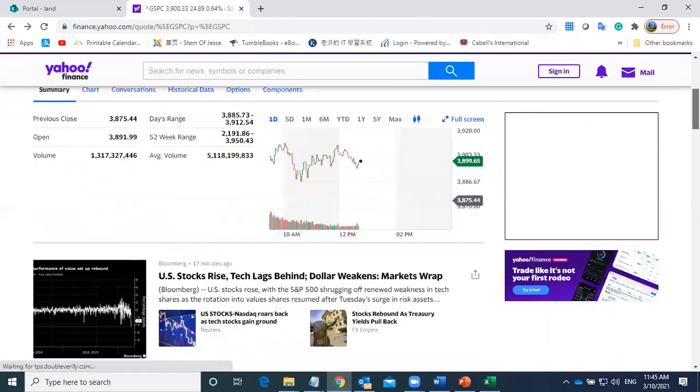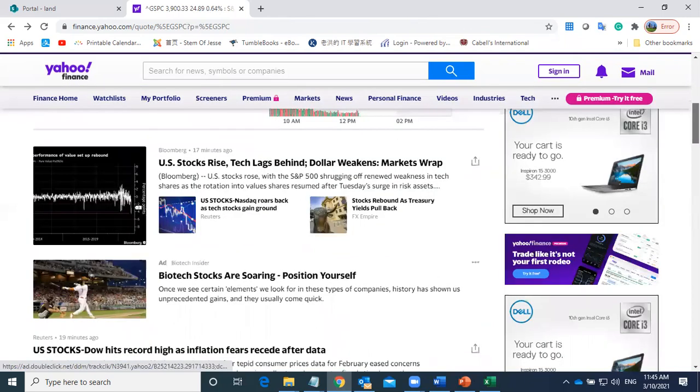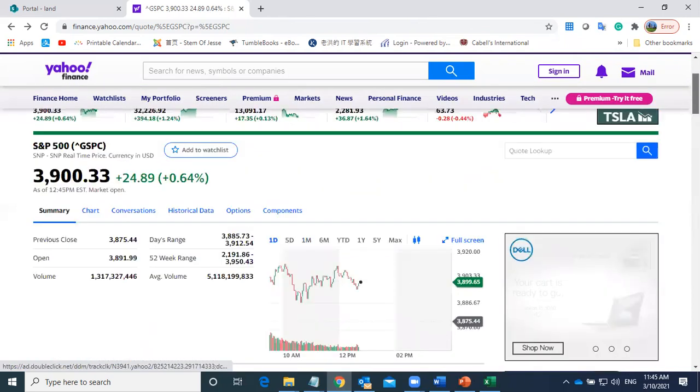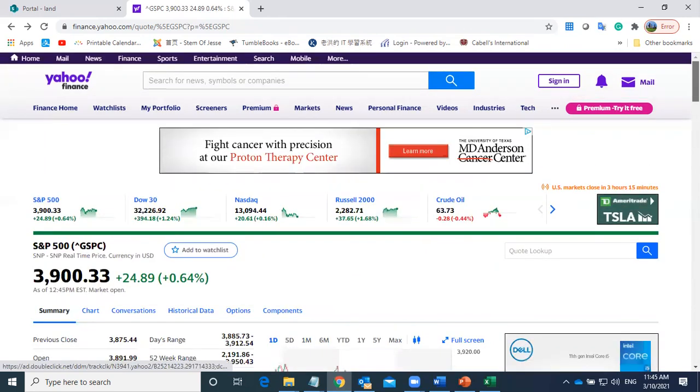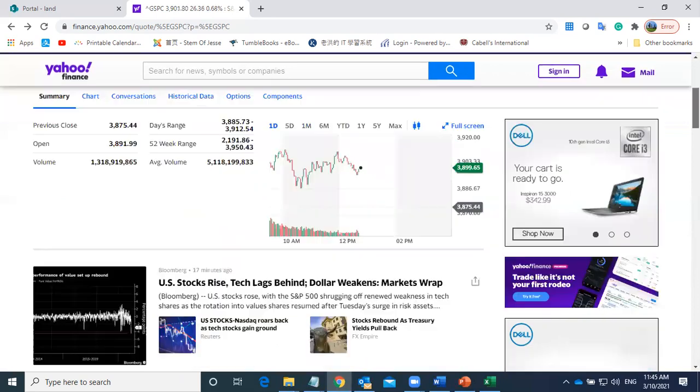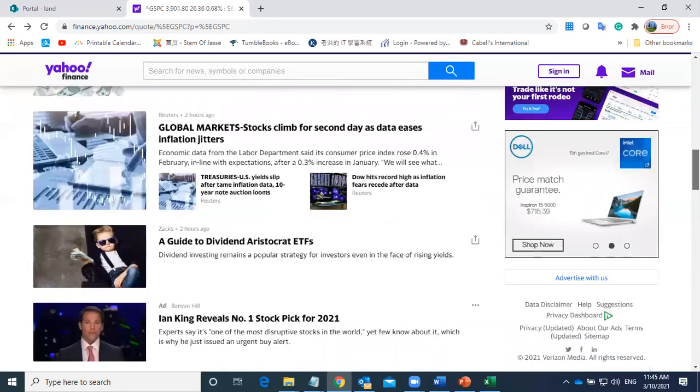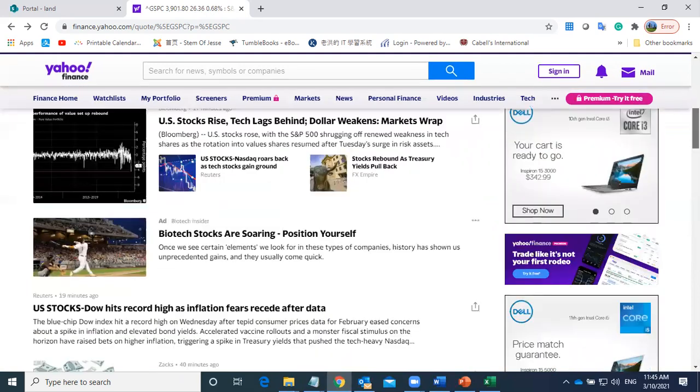Once you have the historical data, you download it, you calculate the daily return, and then you will be able to do the regression and estimate the stock beta.